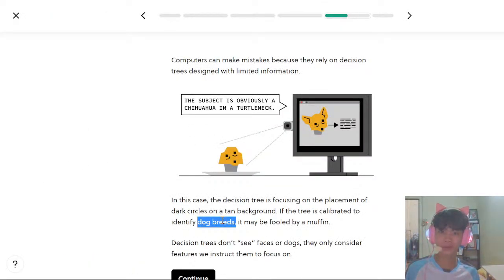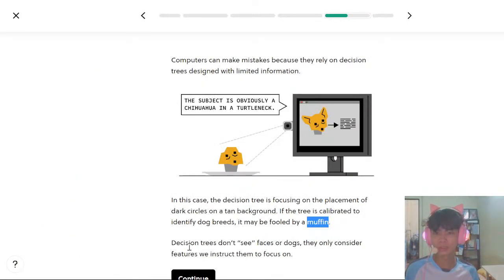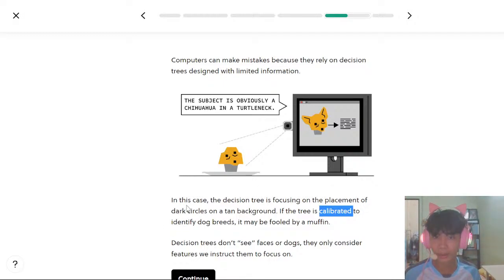Dog breeds. It may be fooled by a muffin. Decision trees don't... Now we have a computer, and my computer needs to identify dog breeds.